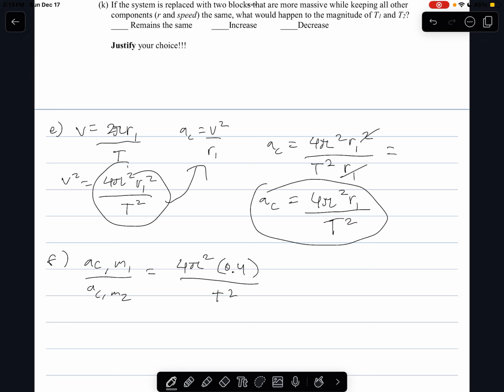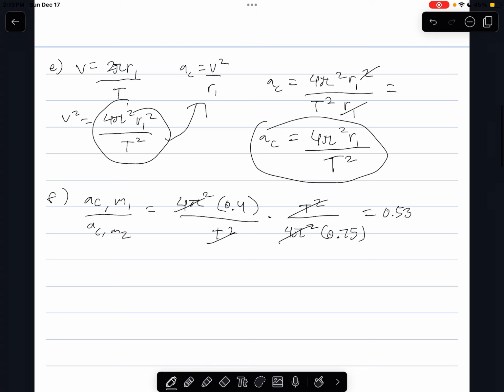Then you want this over 4 pi squared times the radius of 2, and since that makes it reciprocal, it's T squared over 4 pi squared times 0.75. The T squareds cancel, the 4 pi squareds cancel, so you just have 0.4 divided by 0.75, which is 0.53.